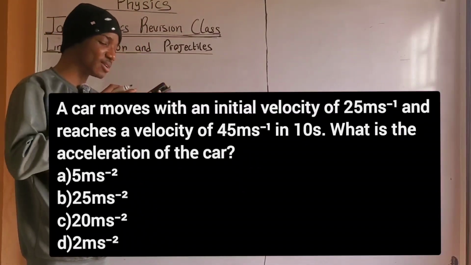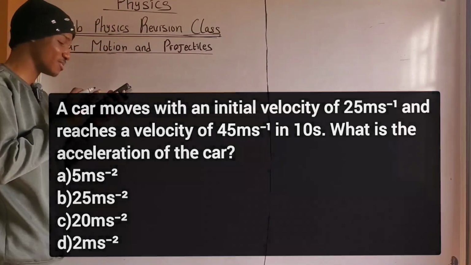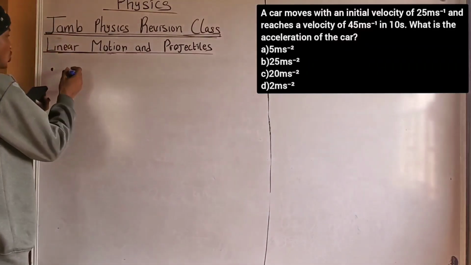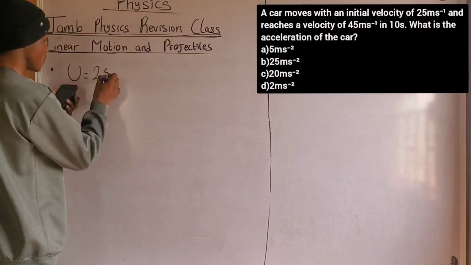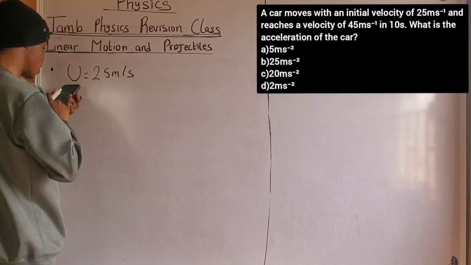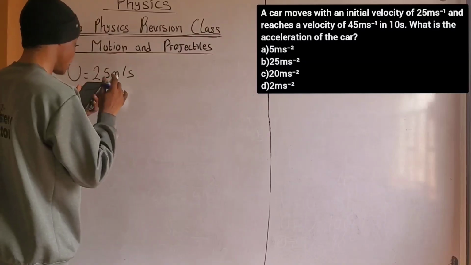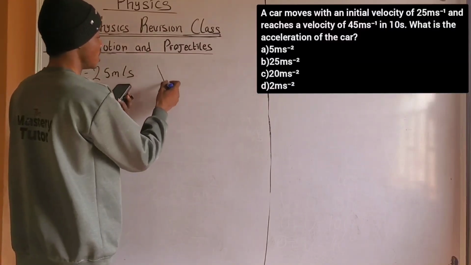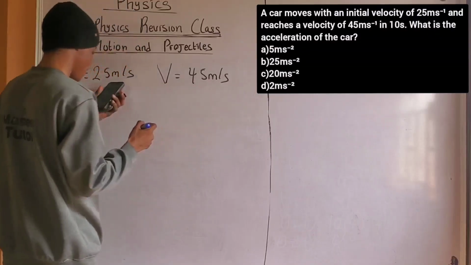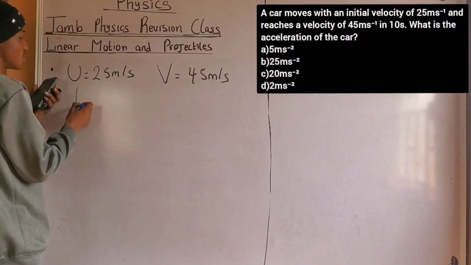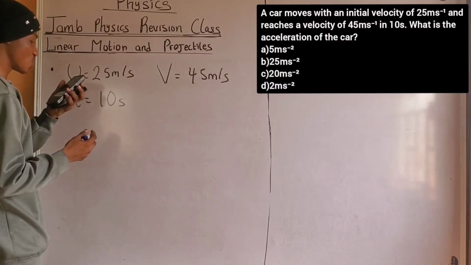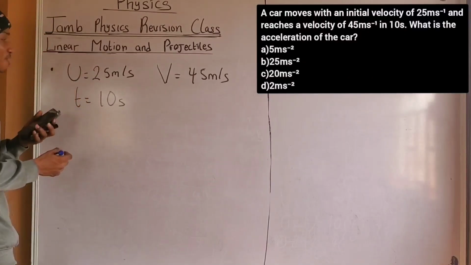Okay, let's start by writing out the information that we're given in the question. The car moves with an initial velocity, so u equals 25 meters per second. And it reaches the velocity of 45 meters per second. So the final velocity is 45 meters per second. And the time taken to reach that velocity is 10 seconds. Now we are asked to calculate the acceleration of the car.